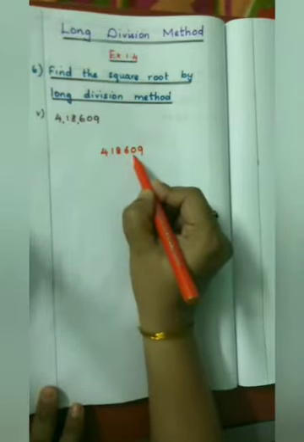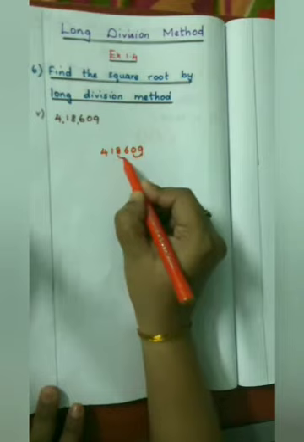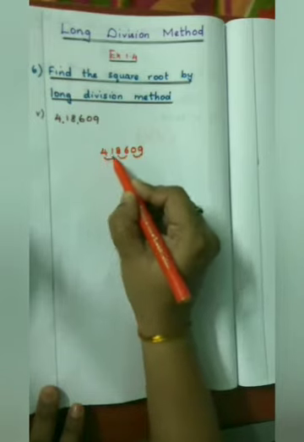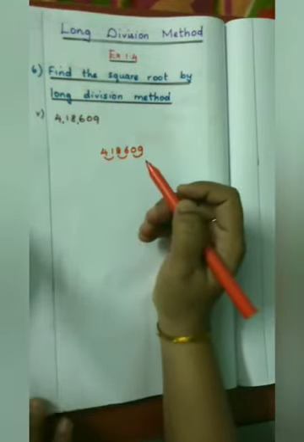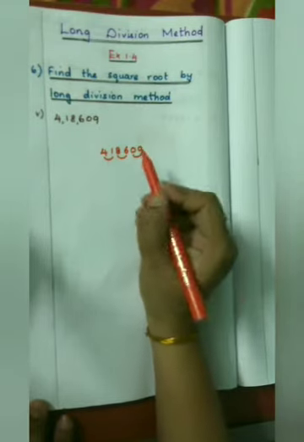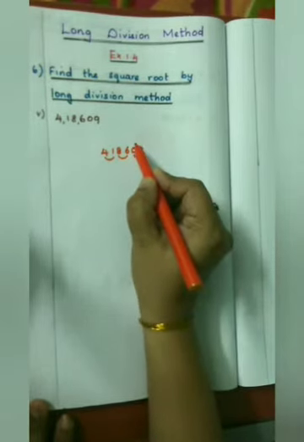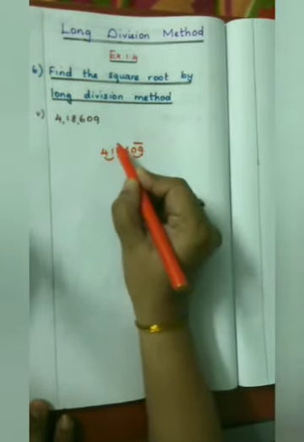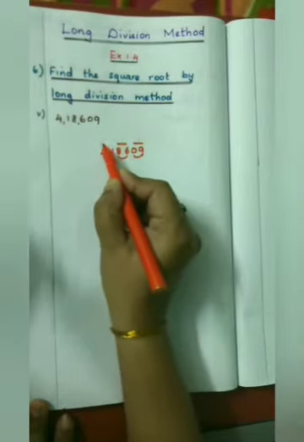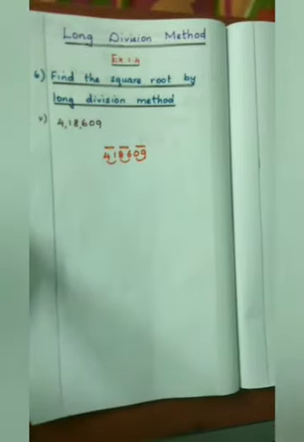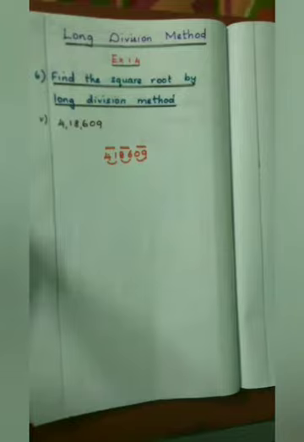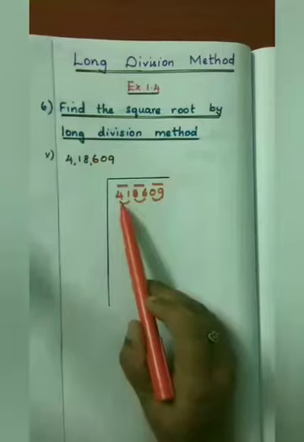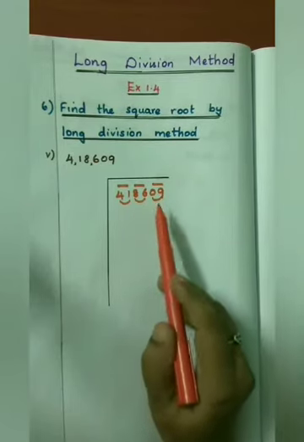So these two form one group and these two form one group and 4 and 1 form one group. Put a bar over each pair of digits. Here each pair is called a period.